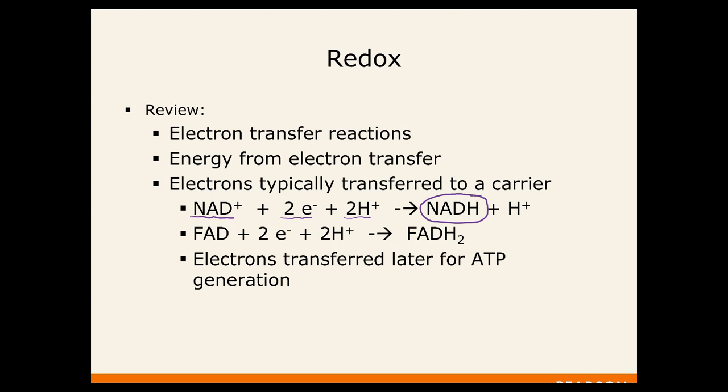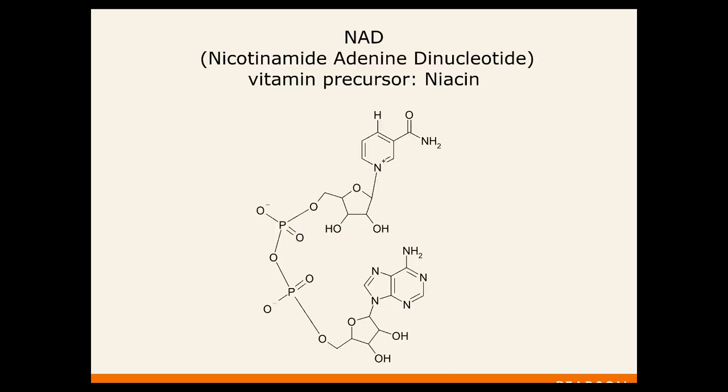In the citric acid cycle, we're going to see another electron carrier called FADH2. So I just wanted to show you their pictures because that wasn't in the last PowerPoint. Here's NAD, and it has a fancy name, nicotinamide adenine dinucleotide.